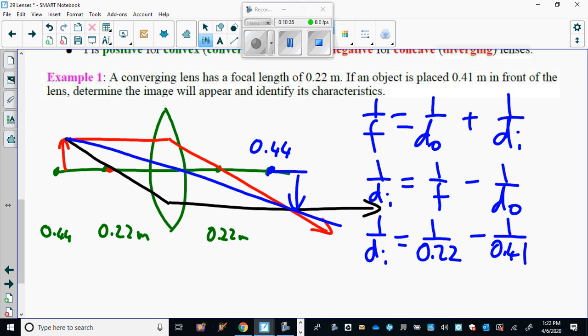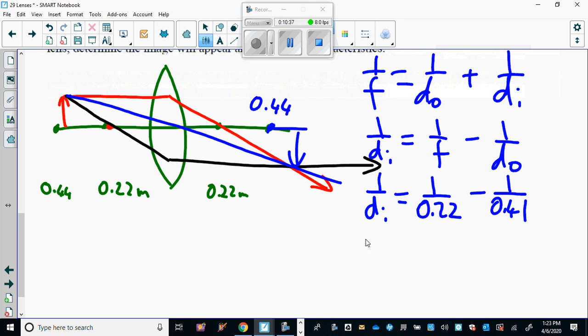Now, that one's a little hard to do with common denominators, so probably the best thing to do on that one is just get out your calculator and use it as fractions and just simplify this side first. So I'm going to go on the calculator. 1 divided by 0.22 in brackets minus brackets 1 divided by 0.41 in brackets equals, and then I'm going to put it in fraction form.